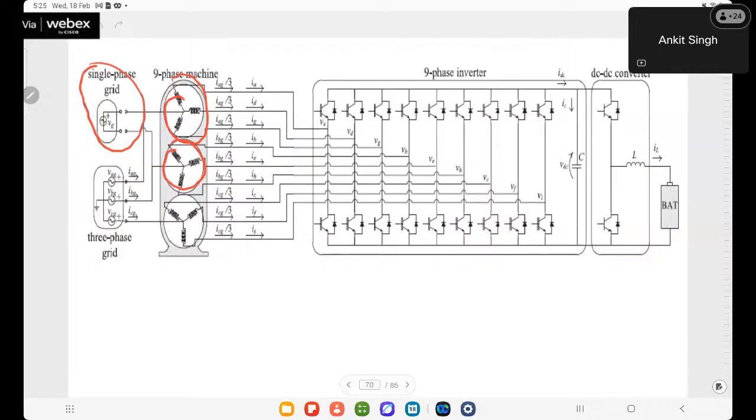If we want to use it as only three phase, there will be no requirement of any mechanical type of switch. This inherently comes in this 9-phase system.